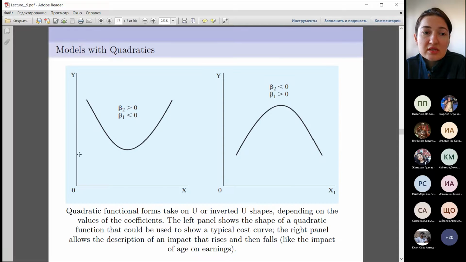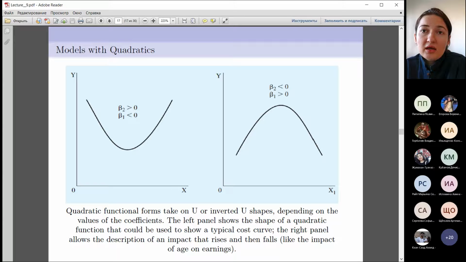And also we discussed how the relationship looks in a model with quadratic terms. It looks like a U-shape relationship or an inverted U-shape relationship. And also, of course, you should remember that in many cases it will be very useful to include the quadratic term in your model, especially the case when we work with the dependence of salary on age.